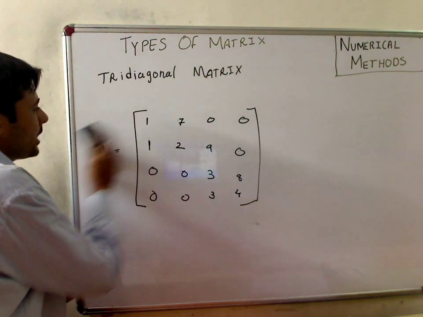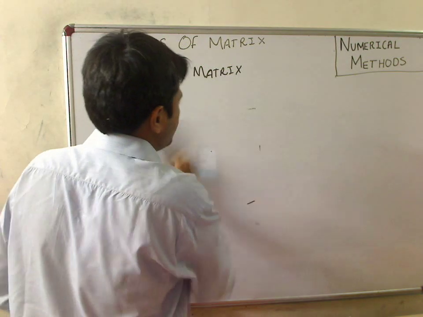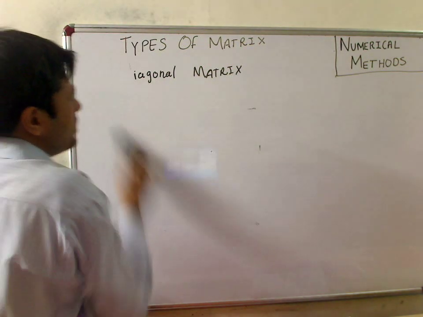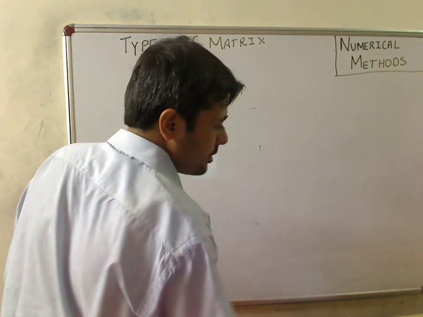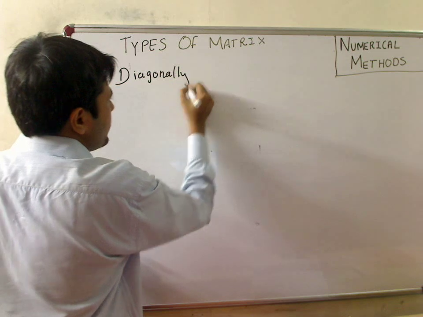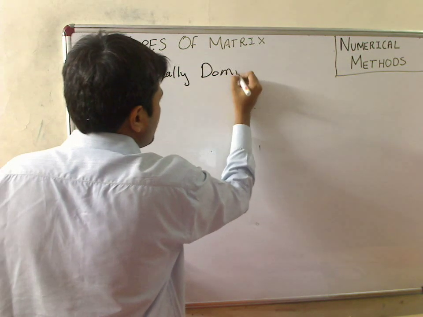Now let us study one more type of matrix, which is called a diagonally dominant matrix.